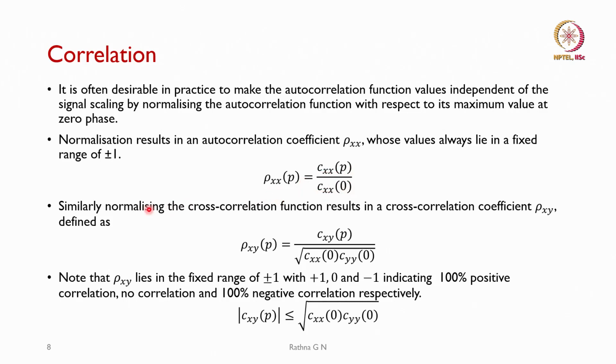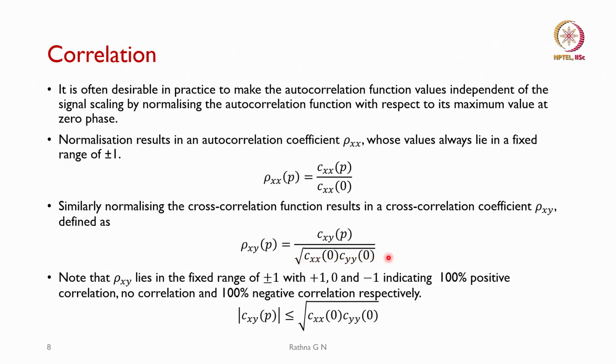Similarly, normalizing the cross correlation function results in the cross correlation coefficient rho xy, which is given by rho xy of p, which is nothing but Cxy of p divided by the root of Cxx of 0, the autocorrelation value at 0 for one of the signals, times Cyy of 0 for the second signal.